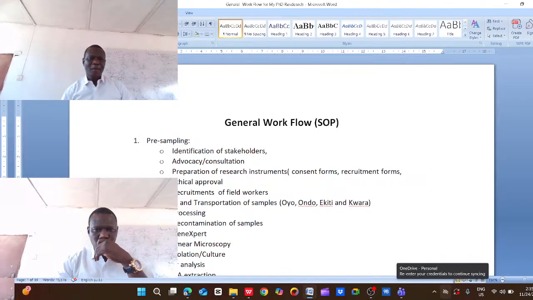Then, because you are working with human samples, you have to get what is called ethical approval. We have a committee that is set aside to review all your research documents and tell you whether you can proceed or not.